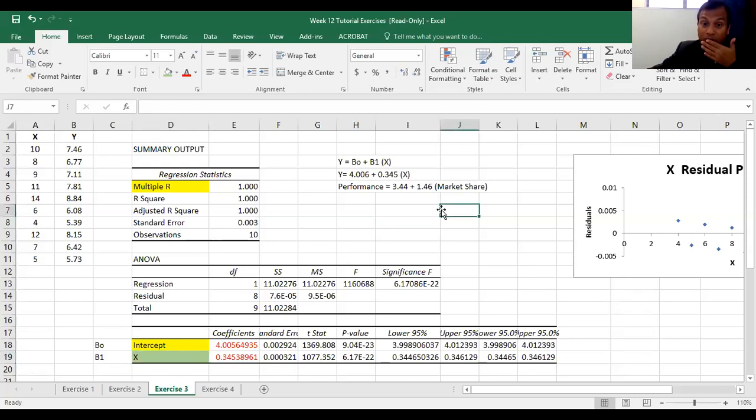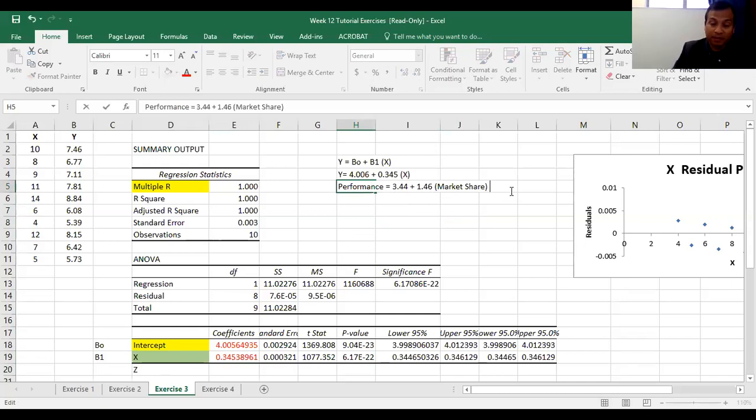If suppose you have more than one variable, like X and over here Z, so one more variable is there. You need to integrate that in this equation itself. Suppose that sign will be minus 2.76, any arbitrary. Your performance will be dependent on market share, or maybe on research and development, R&D, more R&D, more performance.